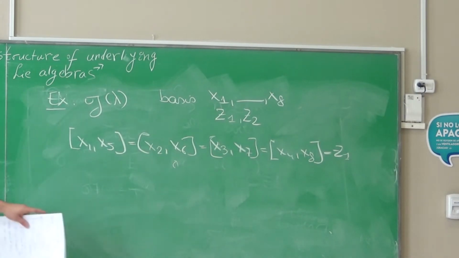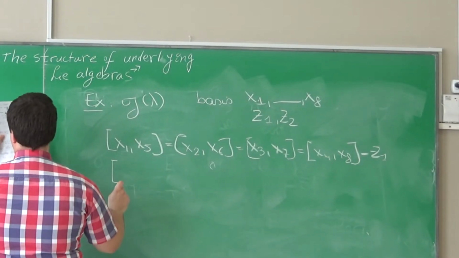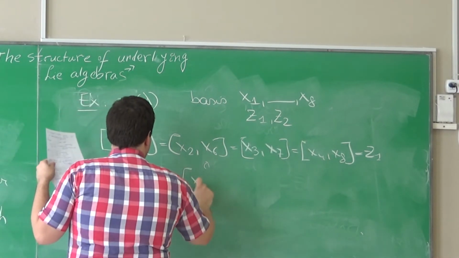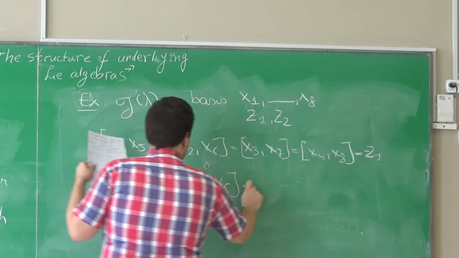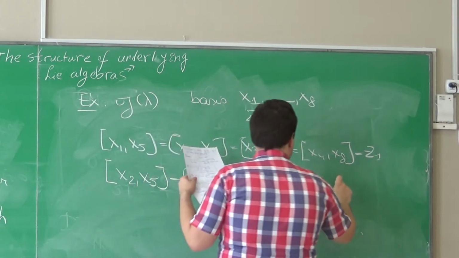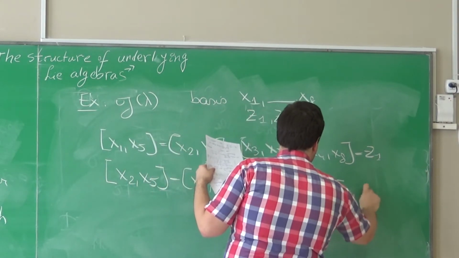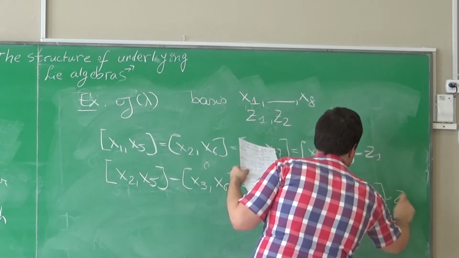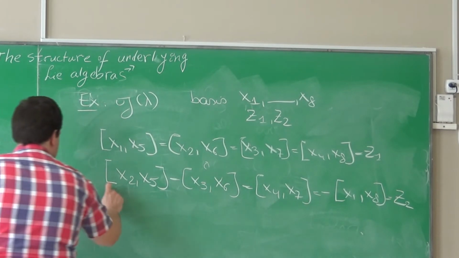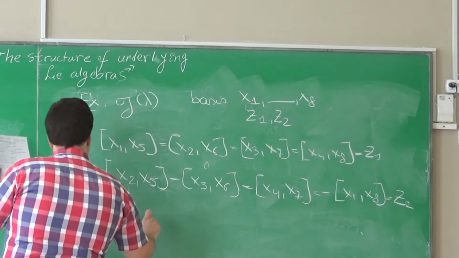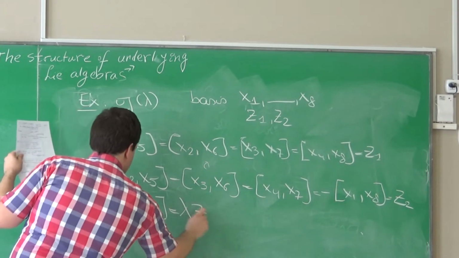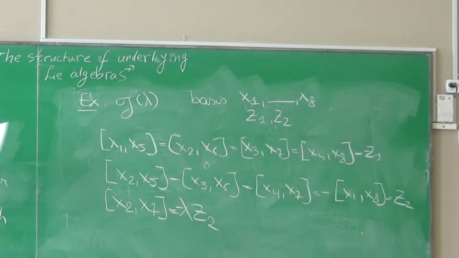And then we have a similar list for z2, but just shifted one, I think. Yeah. x2, x5 is equal to x3, x7, x6 is equal to x4, x7, and then is equal to minus x1, x8, and this is z2. Okay, and now we still have the lambda, and that's the bracket between x2 and x7 will give you lambda times z2, minus lambda times z2.